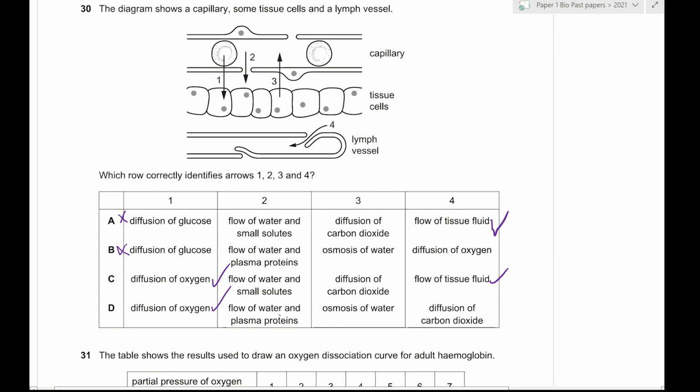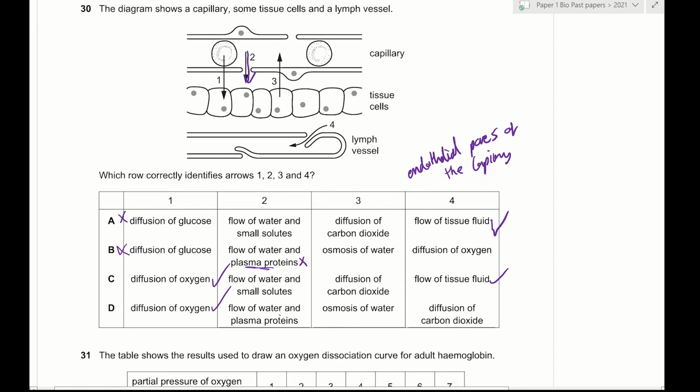Let's go to C. Here we have flow of water and small solutes compared with plasma proteins. First of all, plasma proteins are unable to go directly to tissue cells. Large plasma proteins are too big to pass through the endothelial pores of the capillary.